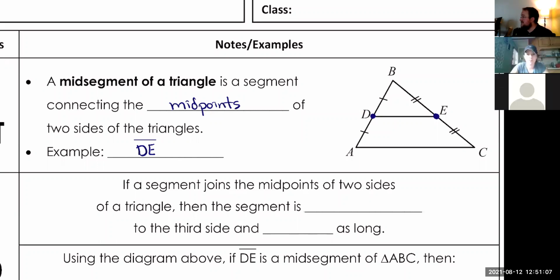They're equal halves. E is also a midpoint for the same reason. If you look at the little hash marks here, it cuts BC perfectly in half. So by definition, points D and E are midpoints, and simply by drawing a segment to connect them, wherever those midpoints may land, depending on the shape of the triangle, you create a midsegment.